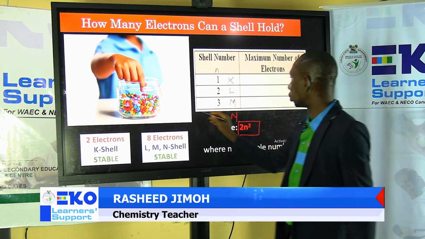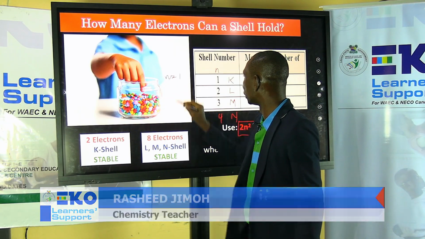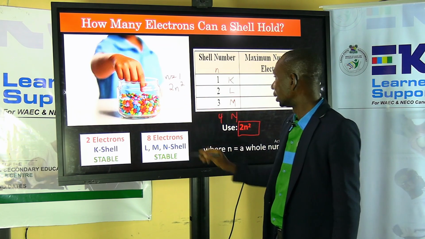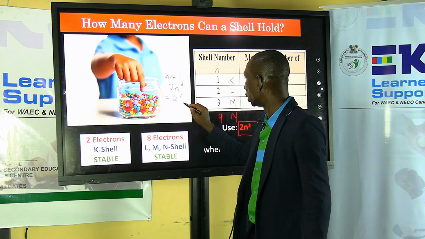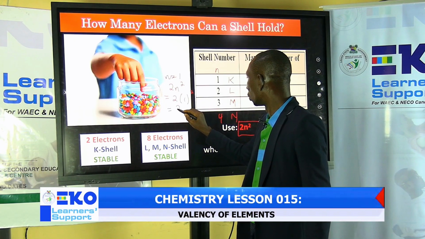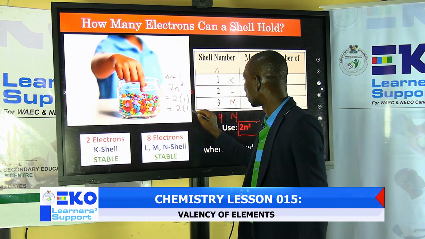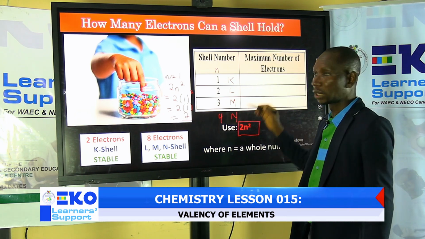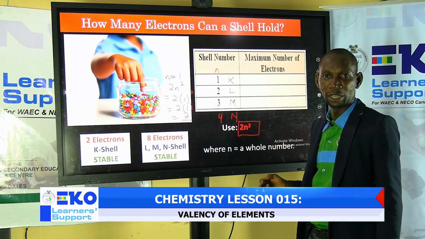So suppose n is equal to 1, and you are applying that formula 2n squared. This is going to be 2 times 1 squared, and 1 squared is 1 times 1, which is 1, and that's 2 times 1, which is 2. Meaning that the maximum number of electrons that the K shell can hold is what?